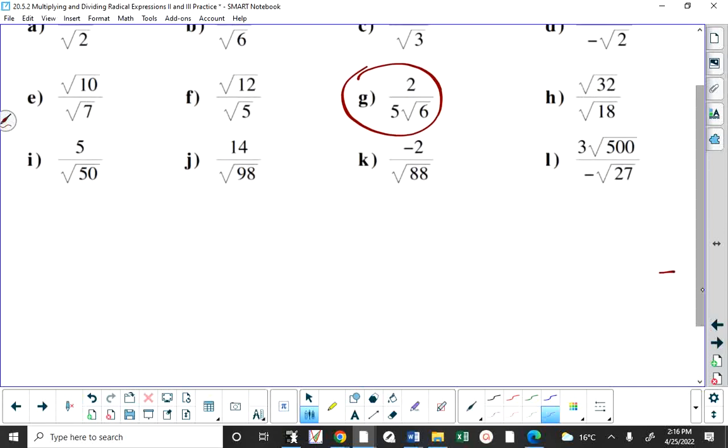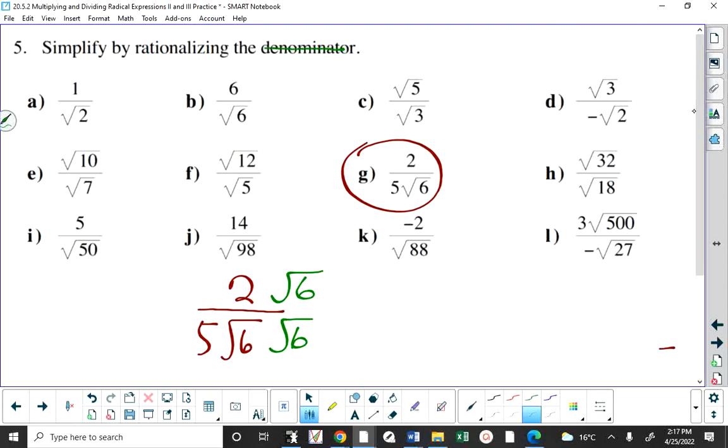Here, you're going to rationalize it by multiplying the top and the bottom by root 6. And by the way, you shouldn't have to be told to rationalize it. So if this question just said simplify, you should know that it has to be rationalized.